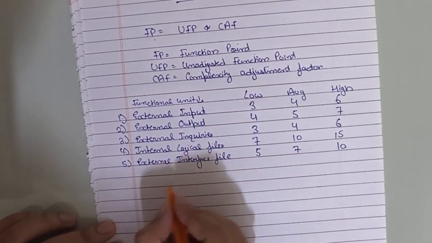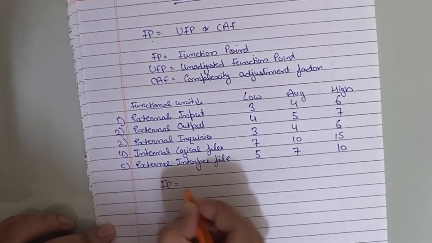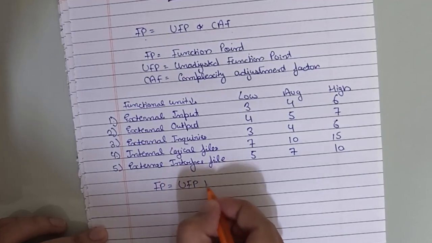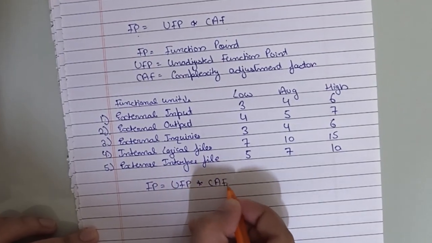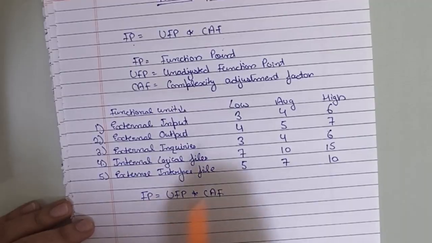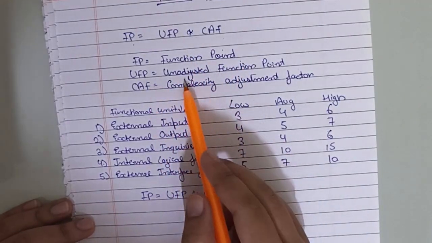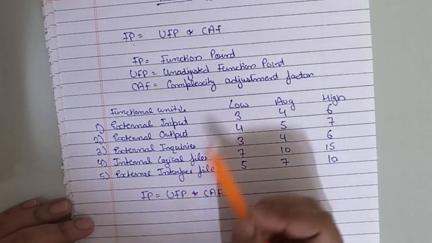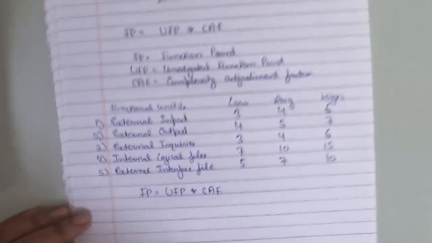So further, the formula is FP is equal to UFP into CAF. That we already know. FP means function point, UFP means unadjusted function point, and CAF means complexity adjustment factor.